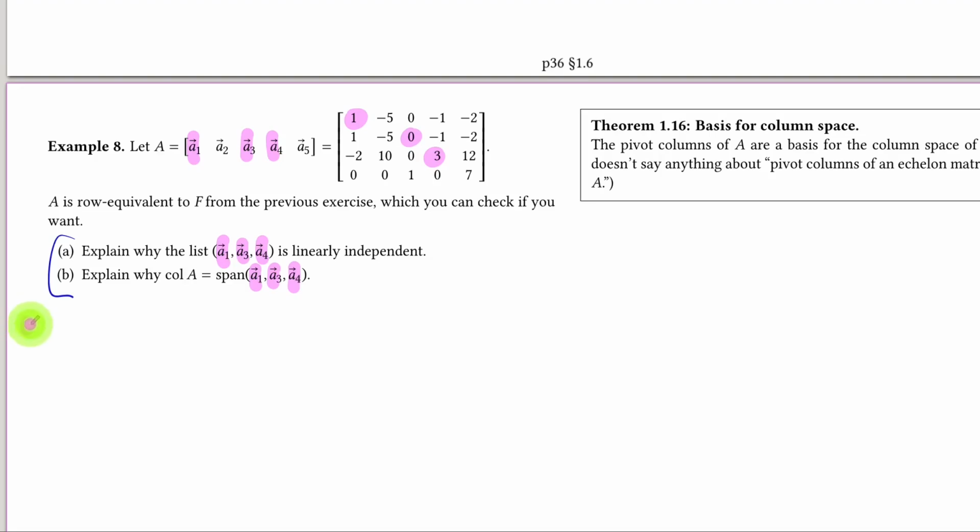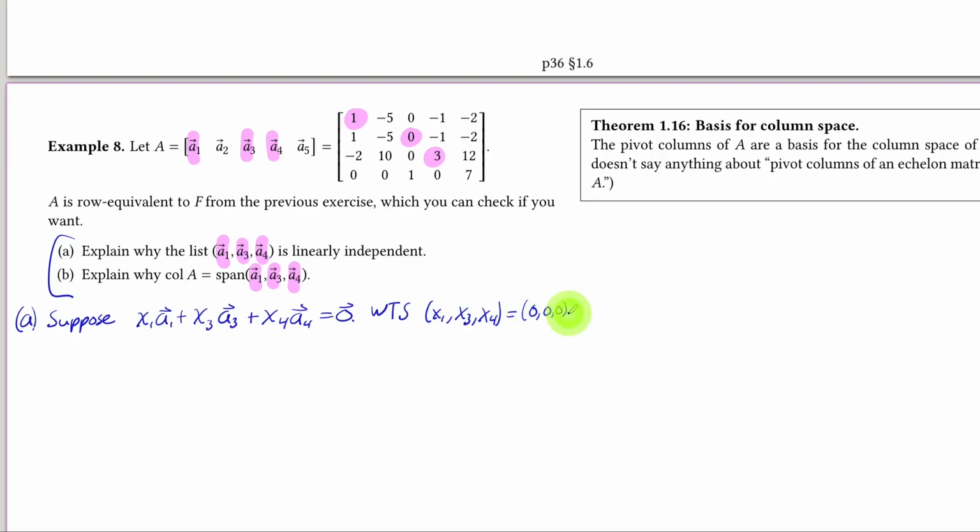So let's do that. We're assuming we have a solution x1, x3, and x4 of this homogeneous equation. We want to show that it must be 0.